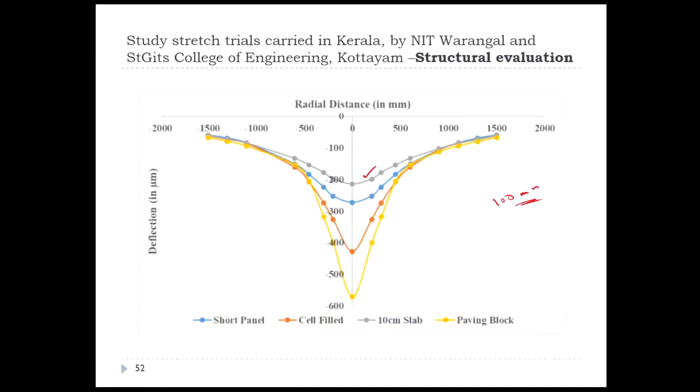But I have not plotted one more graph. When compared to a conventional flexible pavement with a premix carpet surface, all of these 4 concrete sections, even after 1 to 2 years of construction, were exhibiting improved structural strength when compared to the conventional flexible pavement.